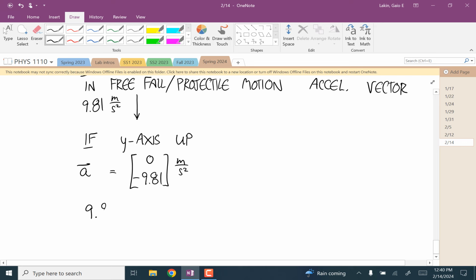The magnitude of that, 9.81 meters per second squared, is called lowercase g. So another way that you could write this is the acceleration for something in free fall or projectile motion is 0 for x and negative g for y. Okay.